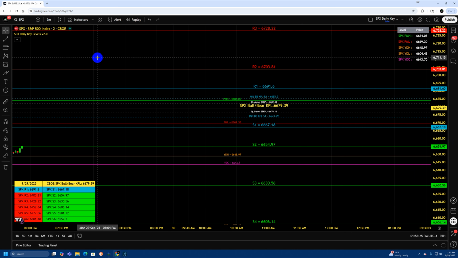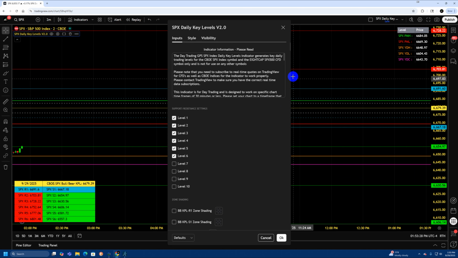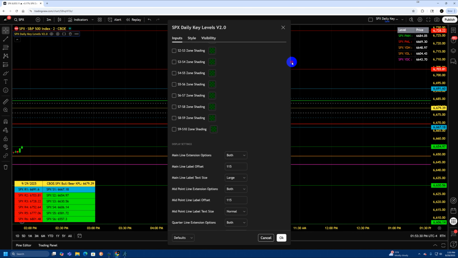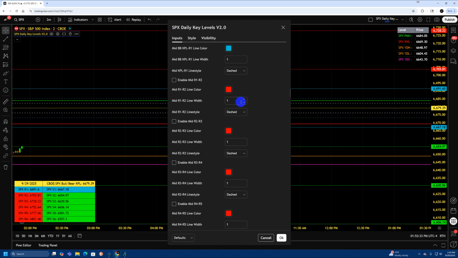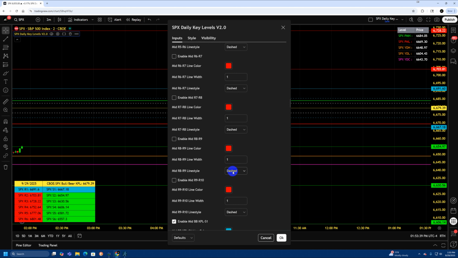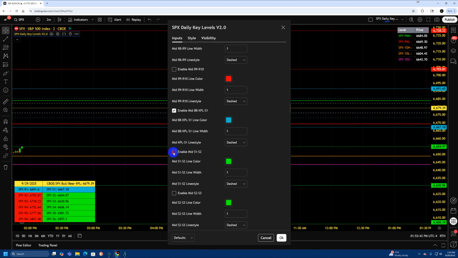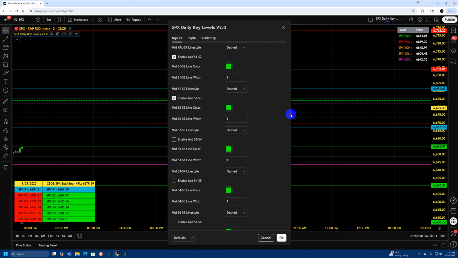So you simply go into the user control panel, and first we'll turn on the midpoint levels. So we'll enable mid R1, R2, mid R2, R3, mid S1, S2, and mid S2, S3. And let's say we're also considering tight stop losses.